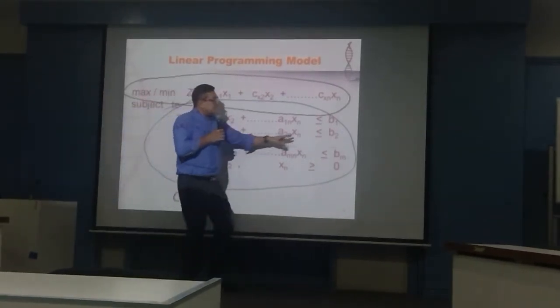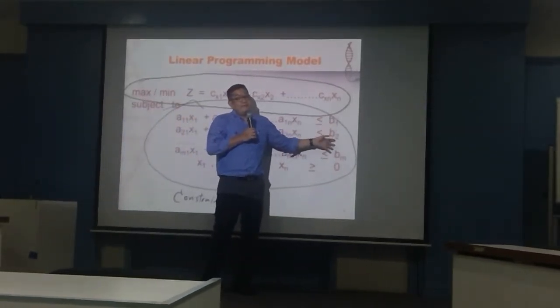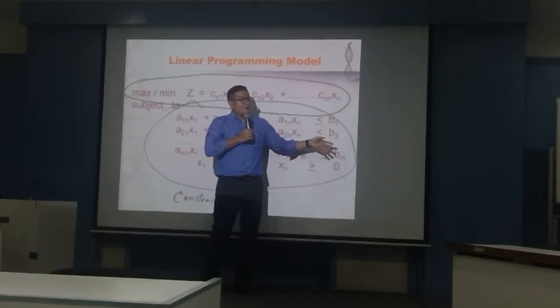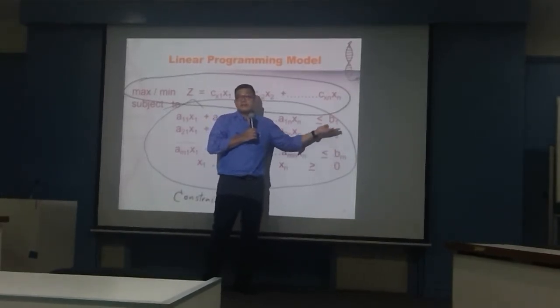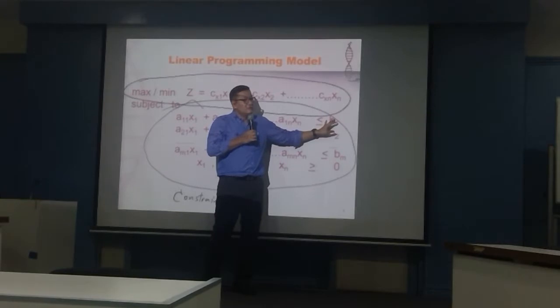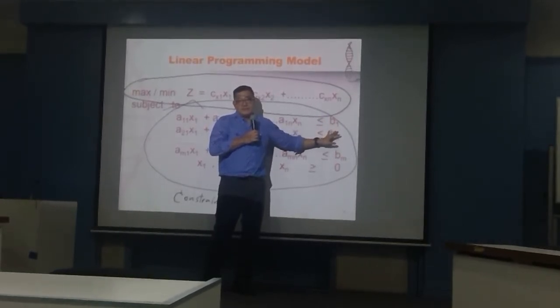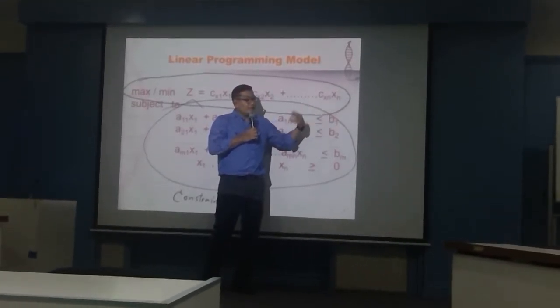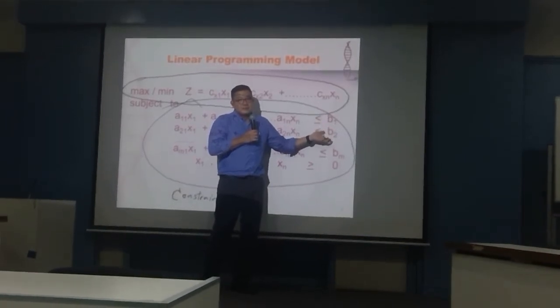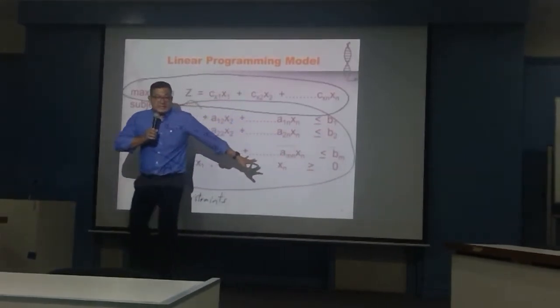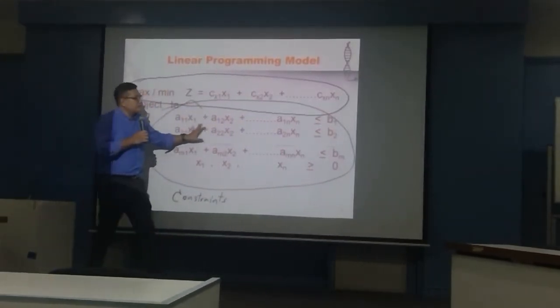But the right-hand side can be changed. Sometimes you have part-time workers, so the labor hours may be increased. You can have more budget if you have some money from another source. But on the left-hand side you cannot change because this is the real relationship.